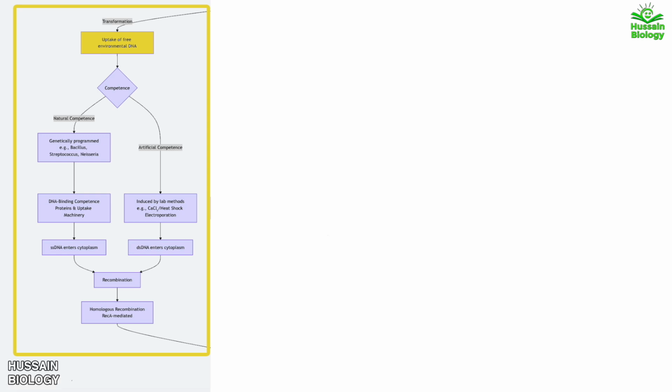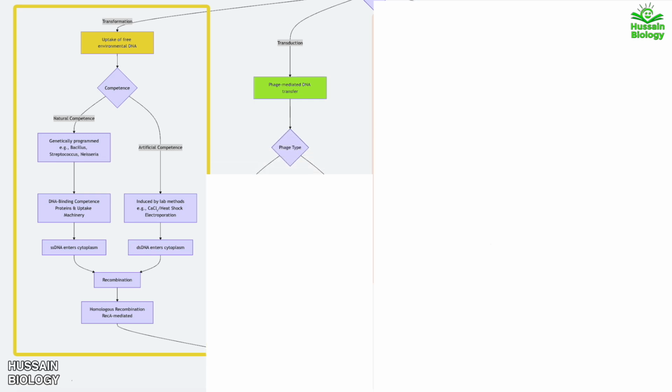Now moving on to the second mechanism of horizontal gene transfer, that's transduction. This is phage-mediated DNA transfer, meaning viruses that infect bacteria called bacteriophages are the vehicles carrying host DNA from one cell to another. There are two main types of transduction: generalized and specialized. First, let's see the generalized transduction.